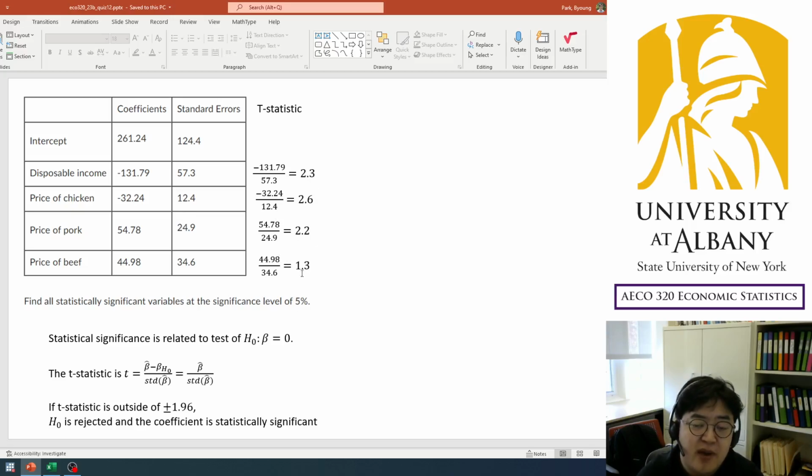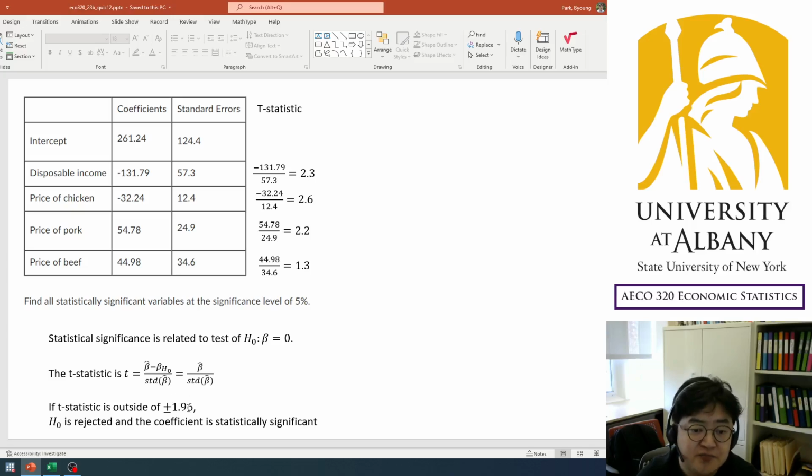Based on these, you may calculate the p-values by yourself. That is possible, but I would use the t-statistic approach to simplify the decision. We know that at 5%, by the way, this is a two-tailed test, you are going to reject the null hypothesis if the t-statistic is outside of plus minus 1.96.